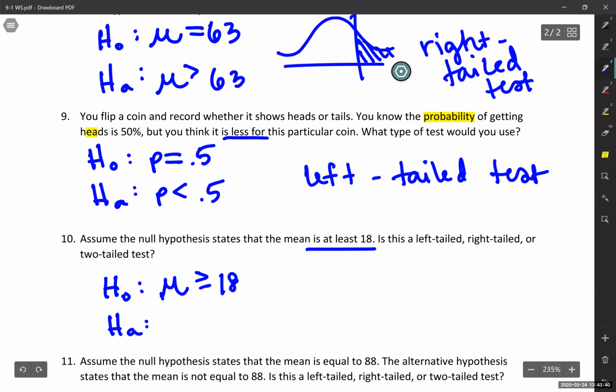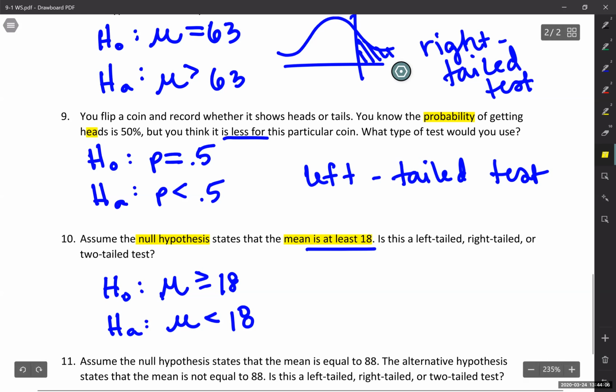The reason we need that written like that is so that we know what our alternative is, because our alternative is the opposite. If I used greater than for the null, I'm going to use less than for the alternative. The only reason I did it this way is because the problem said the null hypothesis states that the mean is at least 18, and I kind of reverse engineered to get to the alternative.